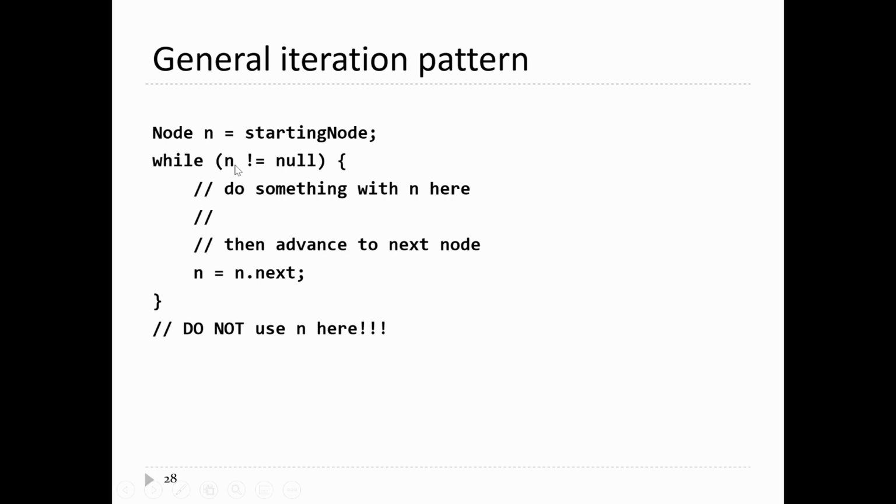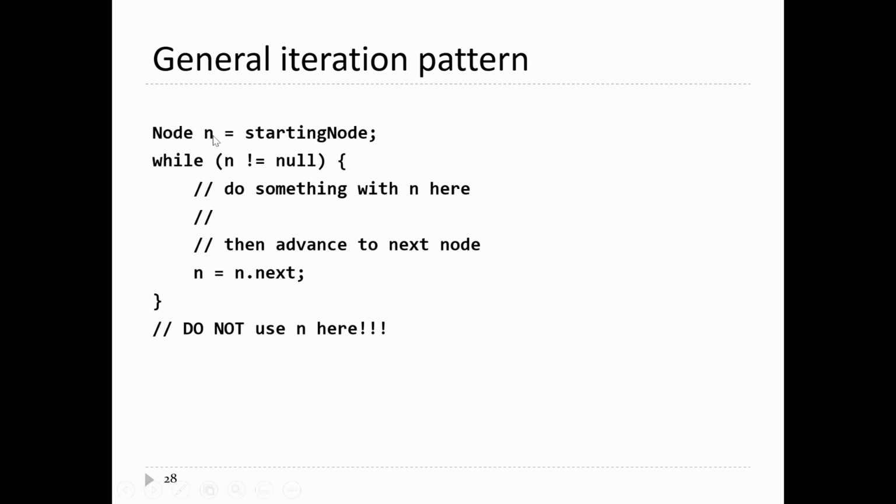As long as n's not null, you can do something with n. If n is null and you try to do something with n, then you get a null pointer exception. So never try to do something with a null node. Check: is n not null? If n's not null, go ahead and do something with n, either get its element or do something else.